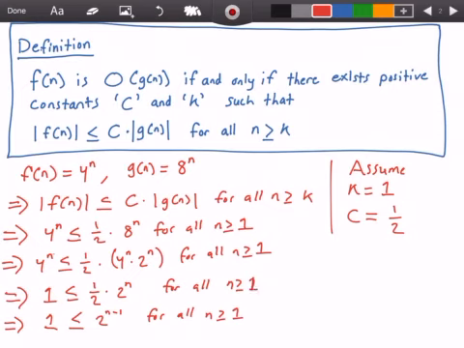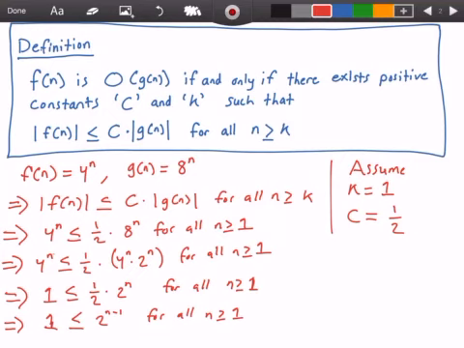All right, and now maybe you can see it more clearly: since the smallest value that n is going to be is 1, 2 to the power of n minus 1 will only increase from 1 to some other arbitrary numbers. It's just going to keep increasing in value. So it's always going to be greater than or equal to 1 as n is greater than or equal to 1.